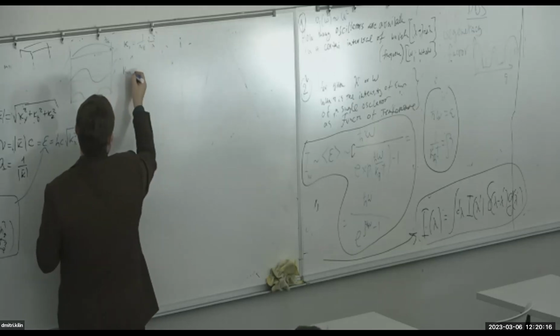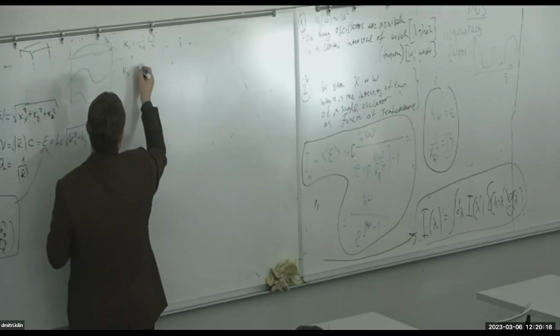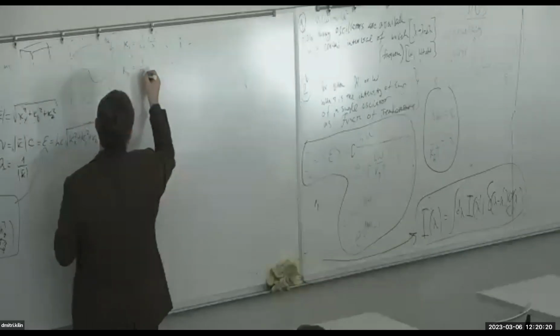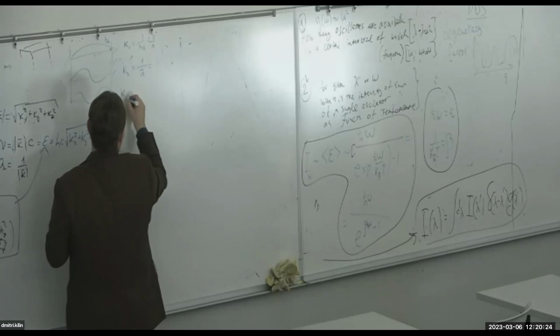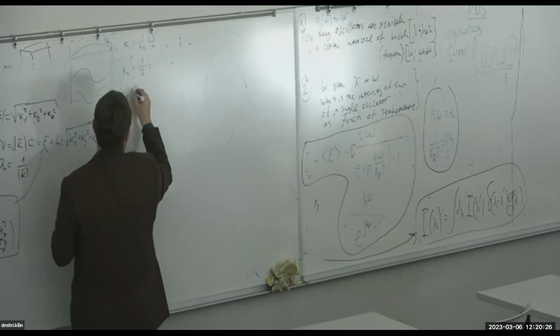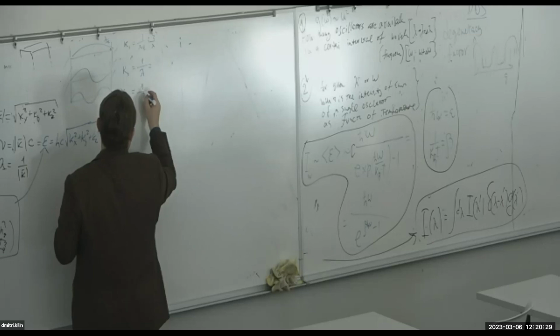Here, the wave vector will be 1 divided by lambda. Here the wave vector will be 1 divided by 3 lambdas over 2.